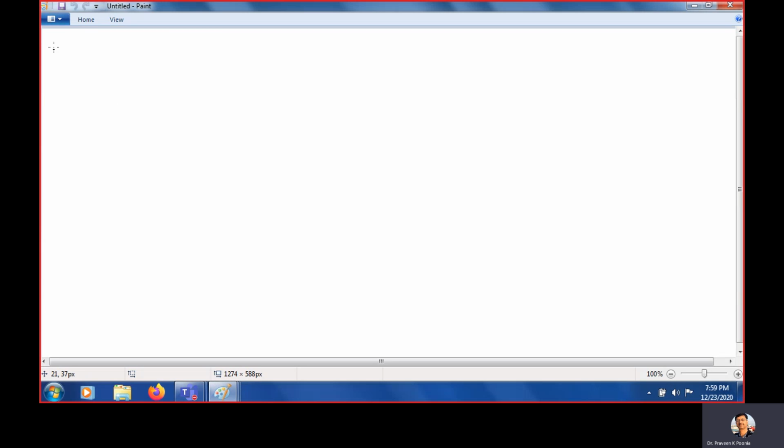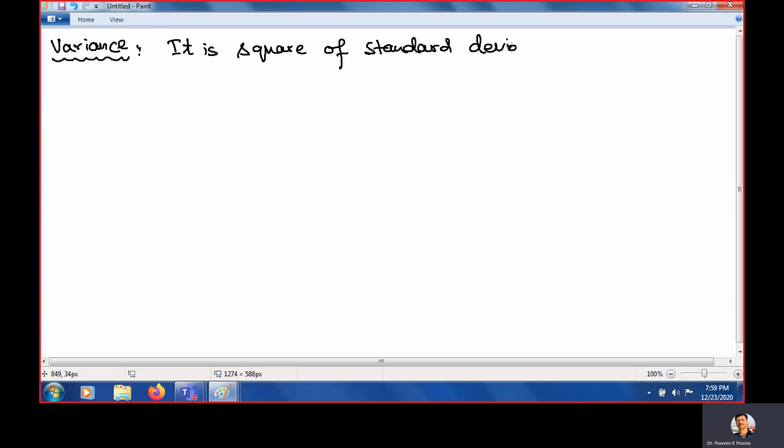And what is the third one? It is the variance. It is very simple. Clear? What is variance? It is the square of the standard deviation. Clear?